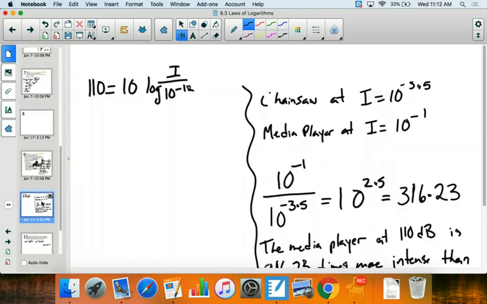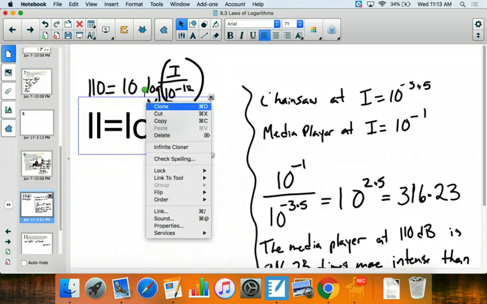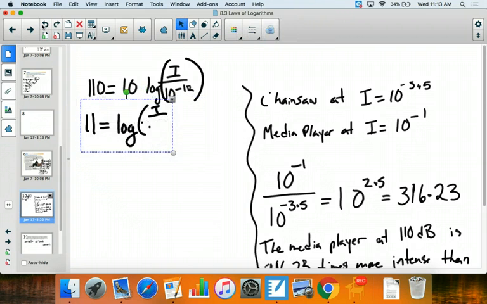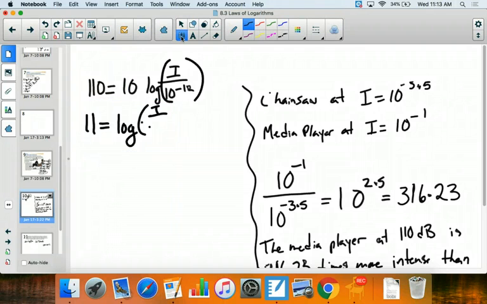I'm going to do the exact same method. I have the media player whose decibel level was 110, equal to 10 times log of that argument. I'm just going to go through those same steps again. First step, divide both sides by 10. So this becomes 11 is equal to log of I over 10 to the negative 12.